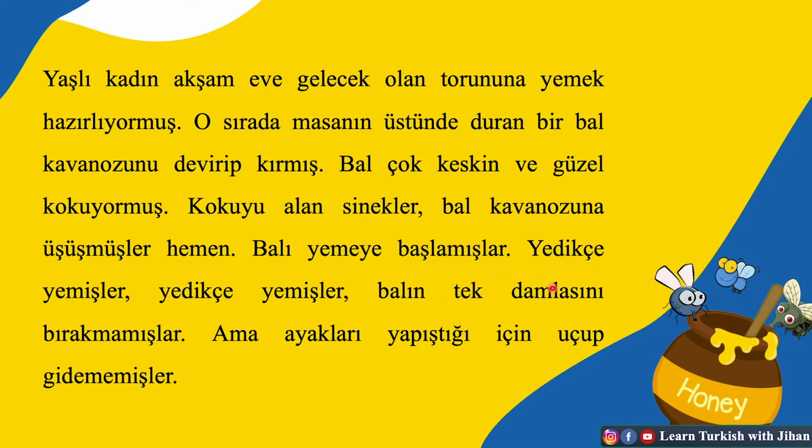Drop of what? Of honey. That's why I use the noun complement, and I have some additions in it, and this is explained in level A1. Balın damlasını bırakmamışlar, and I added tek. So they didn't leave a tek, one, even one drop of honey. Not a drop. Tek might mean alone, single, only one. So here, they didn't leave a single drop of honey.